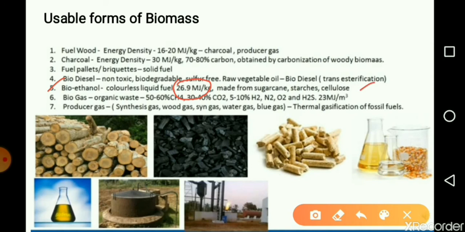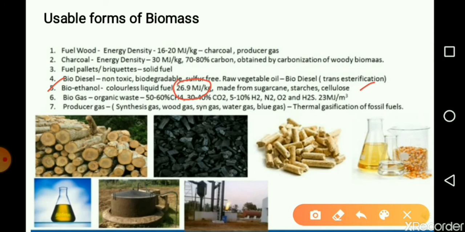It has a chemical formula C2H5OH and a boiling point of about 78 degrees centigrade. This is about the bioethanol, and similarly biomethanol has a chemical formula CH3OH, and again we can use this in blended form with diesel and with gasoline to run those engines.